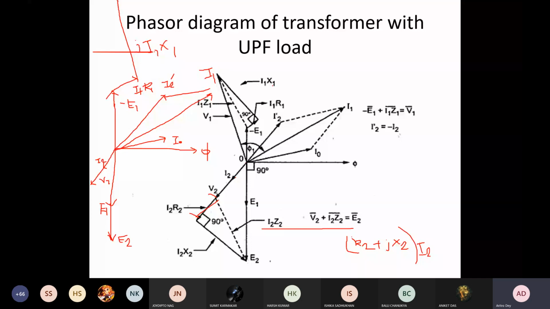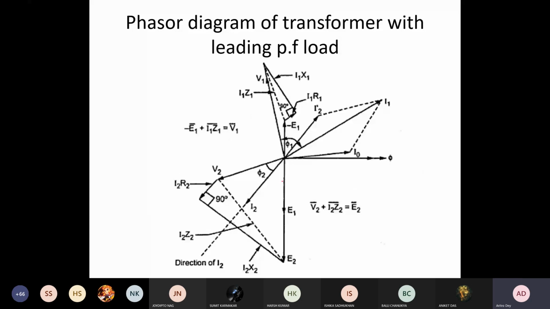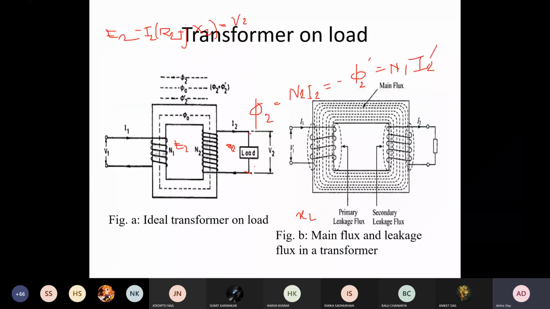Now we'll see how it will change when we have a capacitive load, leading. This is the angle which is lagging. Once you connect your load, V2 will remain intact, but depending on what load you are using, whether inductive, capacitive or purely resistive, your angle between I2 and V2 will change.